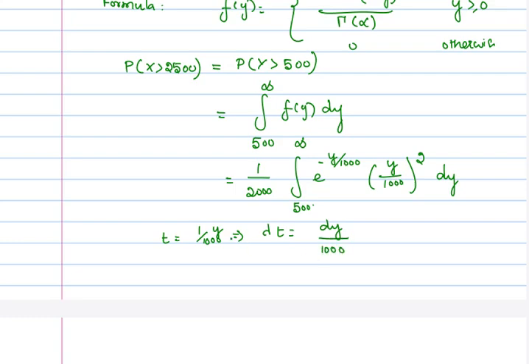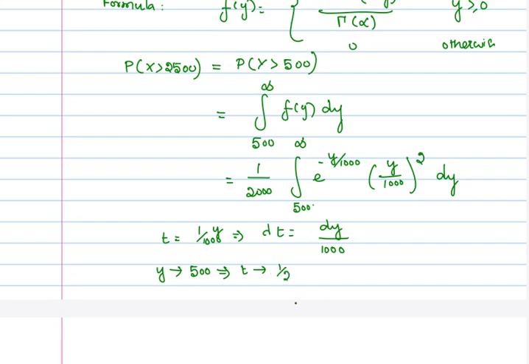Whenever y is going to 500, t is going to 1 by 2.